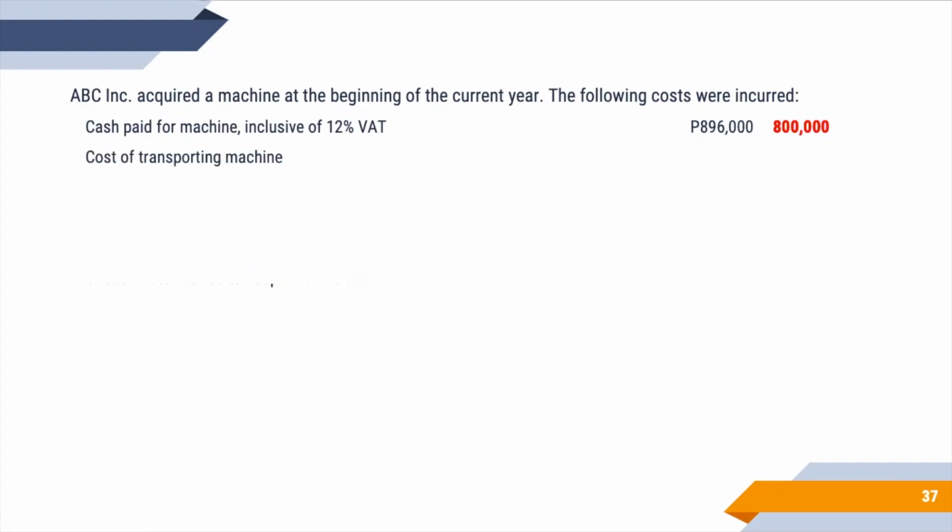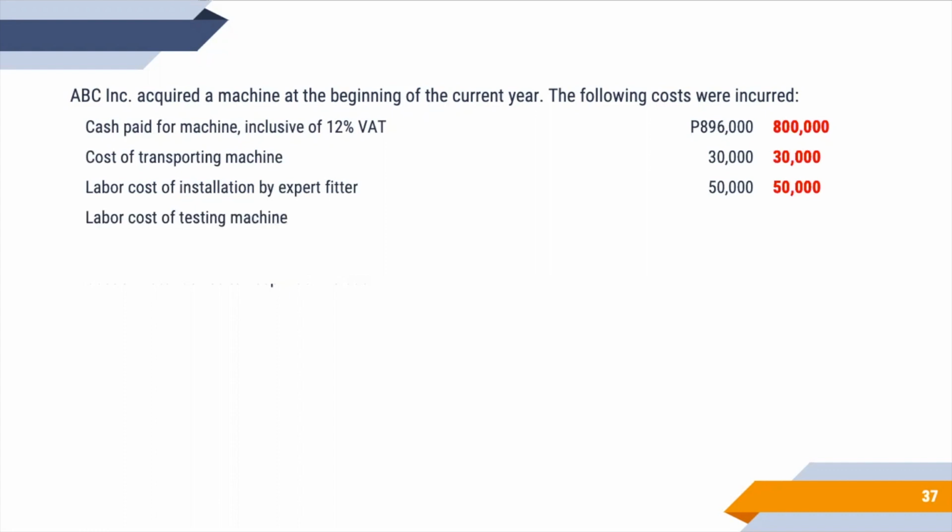Cost of transporting machine, 30,000. Capitalize 30,000. Labor cost of installation by expert fitter, 50,000. Capitalize 50,000. Labor cost of testing machine, 40,000. Capitalize 40,000.